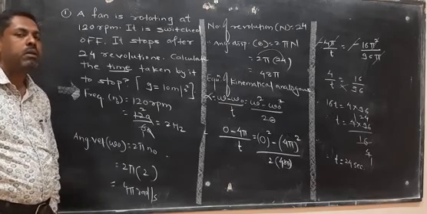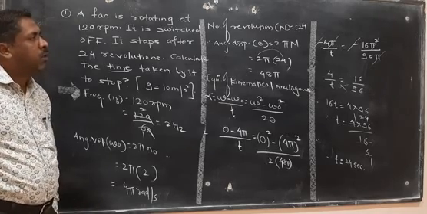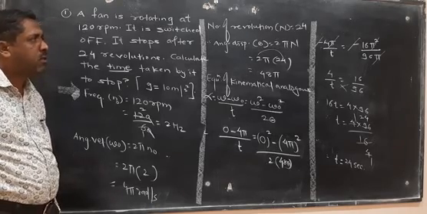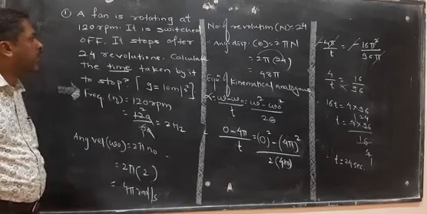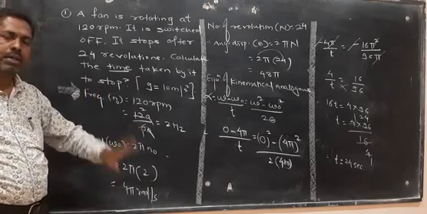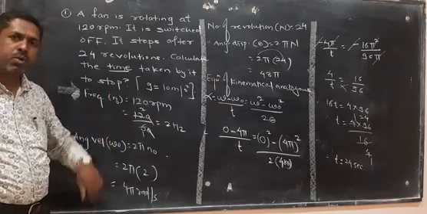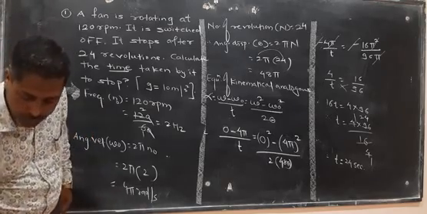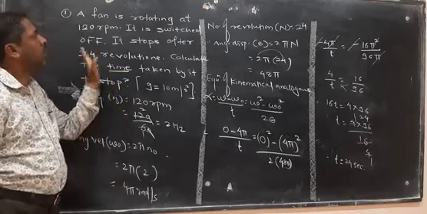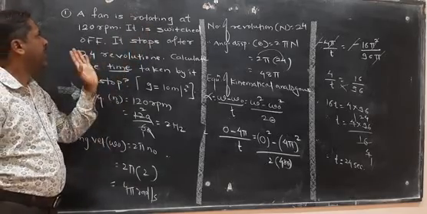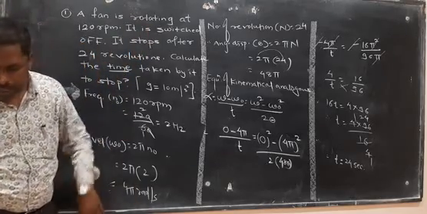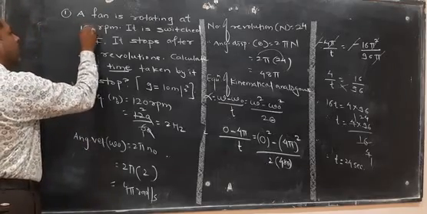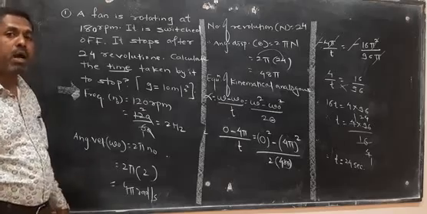Very simple. You have to practice once, twice, thrice, just by changing the values. Then we can easily get the idea. I am changing the values once again so that you can solve it yourself. Let us consider a fan rotating at 180 rpm.